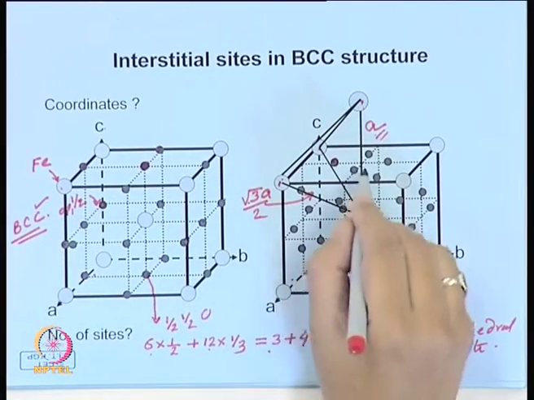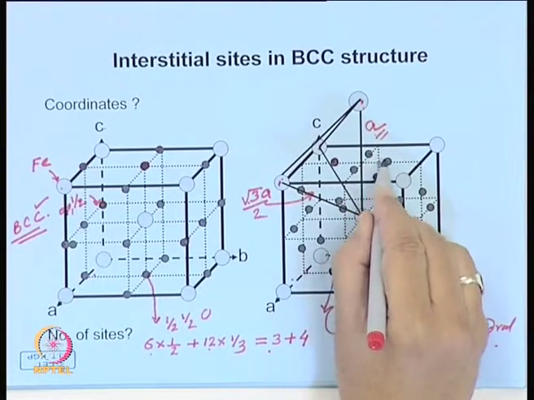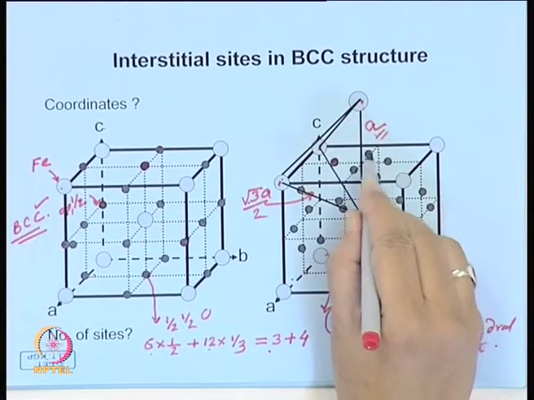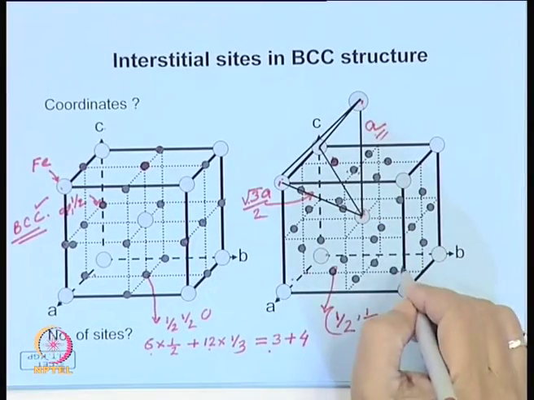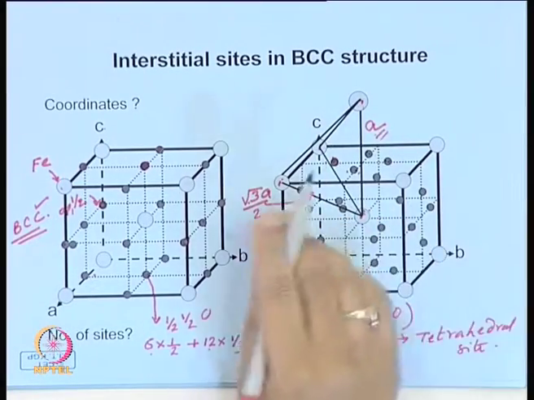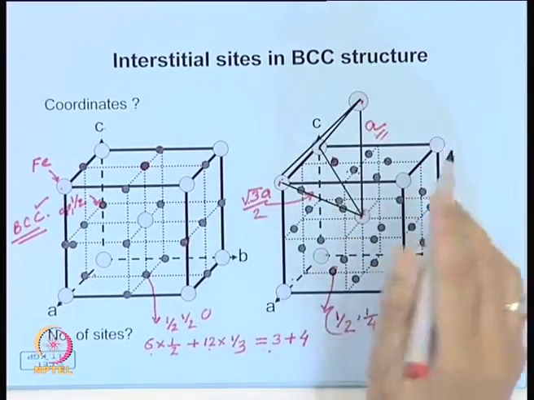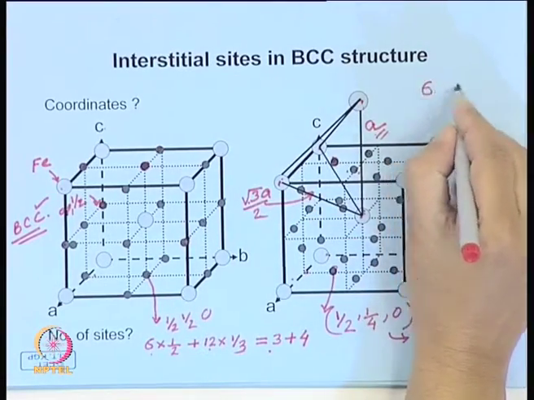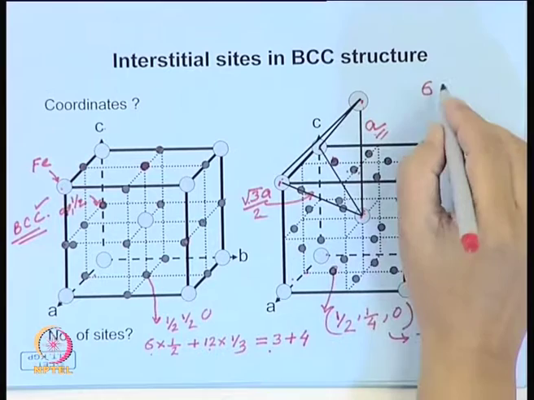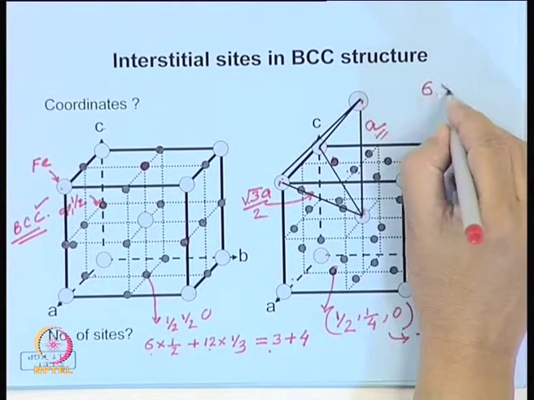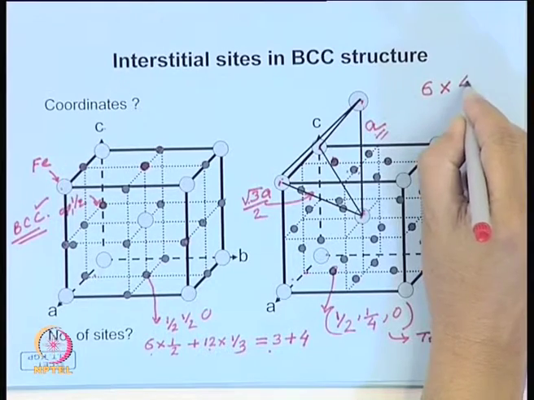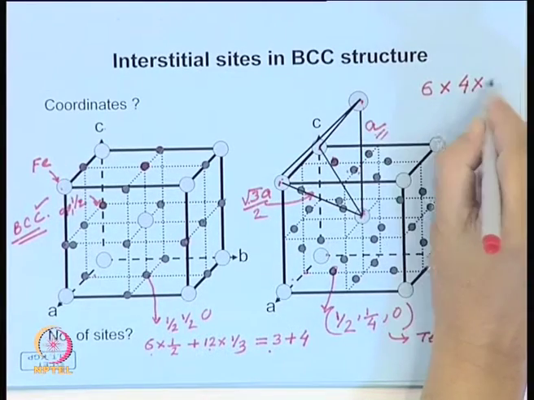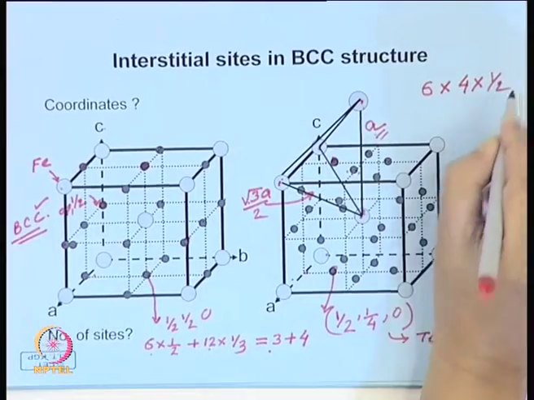And on each of these faces, you have 4 such sites. A cube has 6 faces. So, on each of these 6 faces you have 4 points, but each face is shared by half.